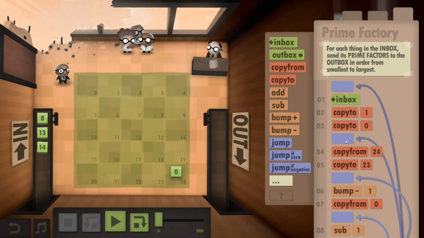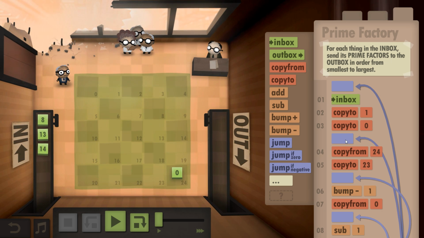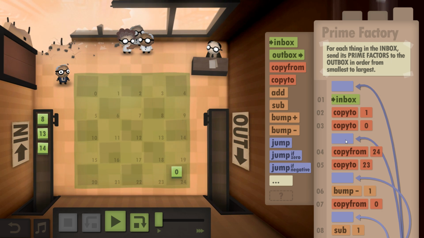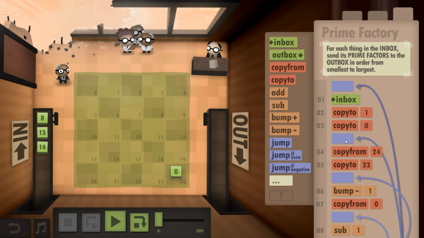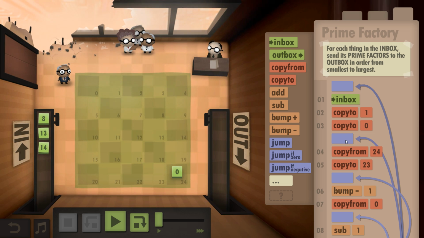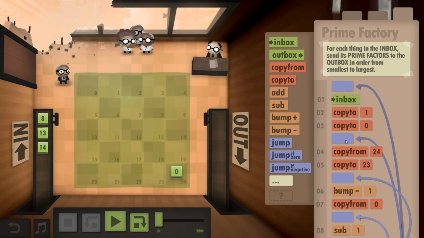To get the 5, that would be 3 plus 2. Copy from, add, copy to, that's 3 steps. 7 is the same, it's 5 plus 2, so copy from, add, copy to. Oh, actually no, it's just 2 steps, because I have the 5 in my hand, and the same for the 3. The previous one's also only 2 steps.